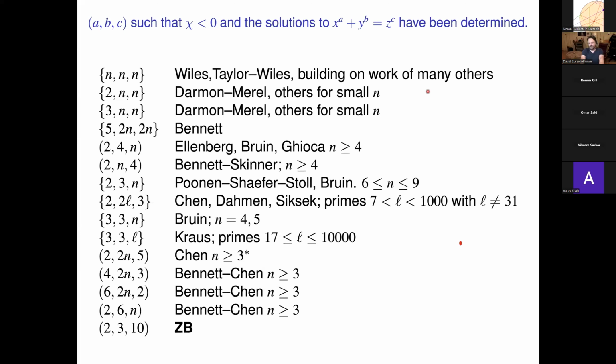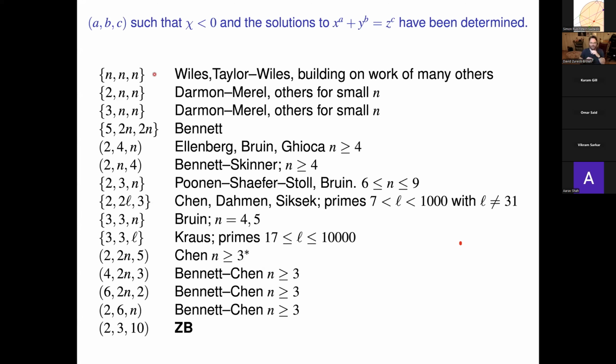And 3, 5, and 7 are all primes, so there's no trick to reduce to a smaller case. And that's completely open. So even for exponents 3, 5, and 7, some fundamentally new idea independent of Wiles's work will be needed. So the ones on the screen, all in one way or another, the starting point, even this 51-page Poonen-Schaefer-Stoll, the starting point is Wiles's method. But then this will be a little vague.